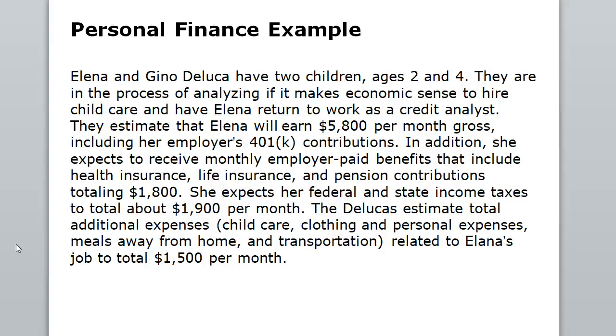In addition, she expects to receive monthly employer-paid benefits that include health insurance, life insurance, and pension contributions totaling $1,800. She expects her federal and state income taxes to be about $1,900 per month, and they estimate the total additional expenses, childcare, clothing, personal expenses, meals away from home, and transportation related to the job, to be about $1,500 per month.